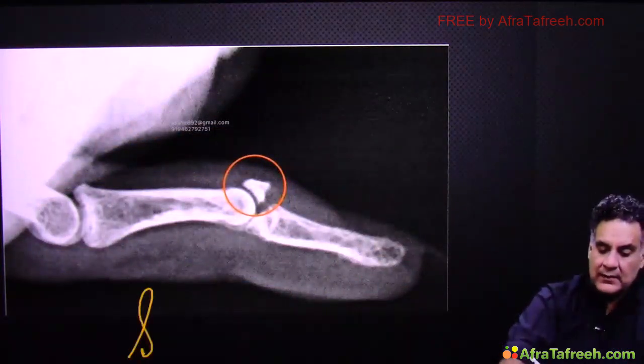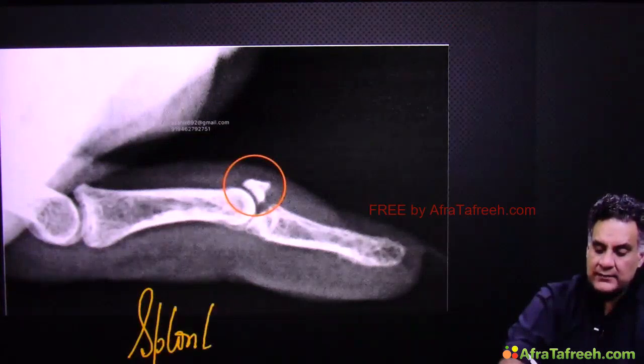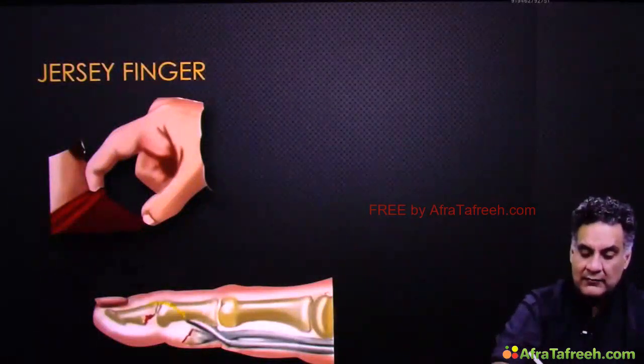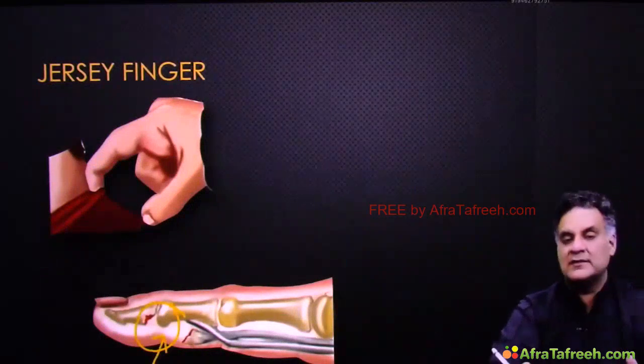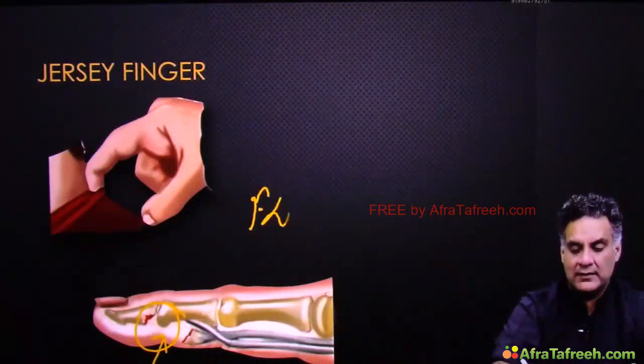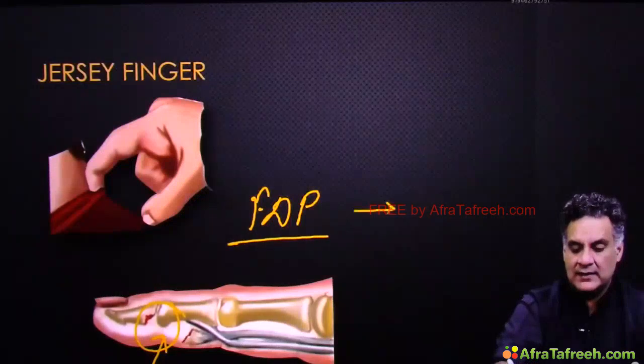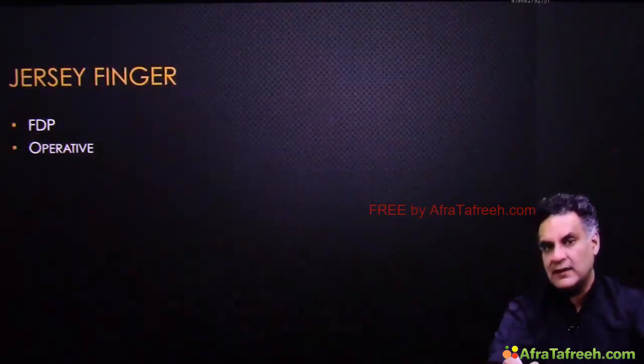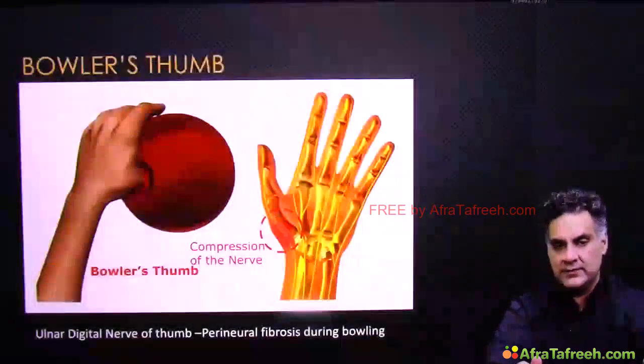Treatment is application of a splint for a period of 6 to 8 weeks. It usually has good results. Opposite of it, avulsion of the flexor tendon from the distal phalanx is jersey finger. FDP is avulsed, and the treatment is surgical. Mallet finger conservative, jersey finger operative.